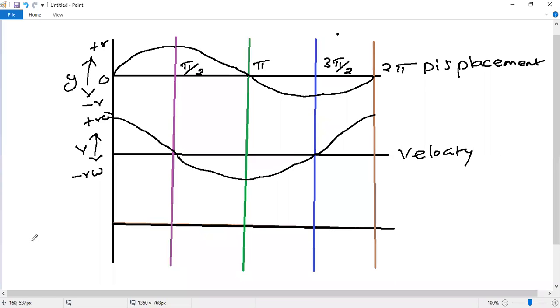Next one, acceleration. It is starting down.